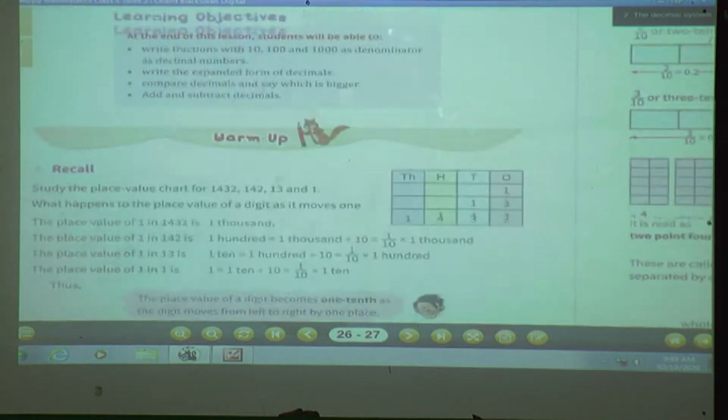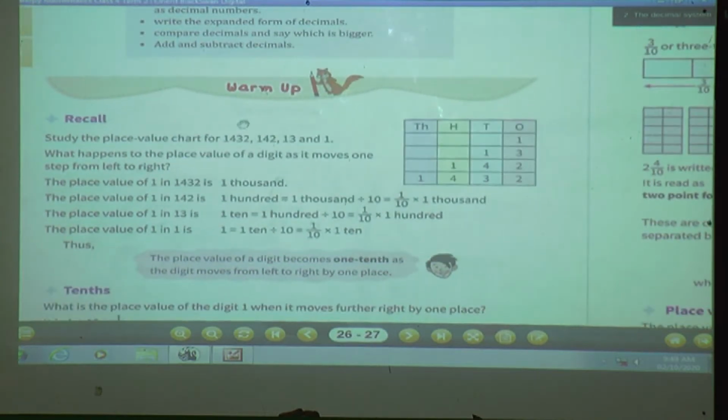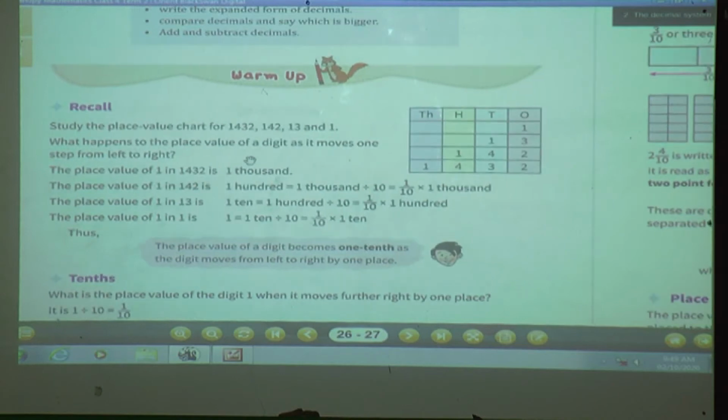Before that, they have given some recall exercise for your better understanding. You have studied the place value chart. Now we will study it once again. Study the place value chart for 1432, 142, 13 and 1. What happens to the place value of a digit as it moves one step from left to right?